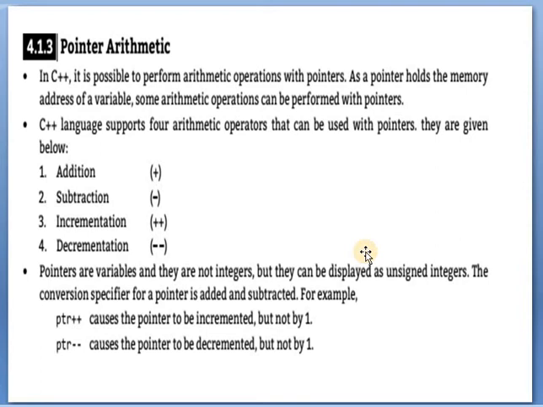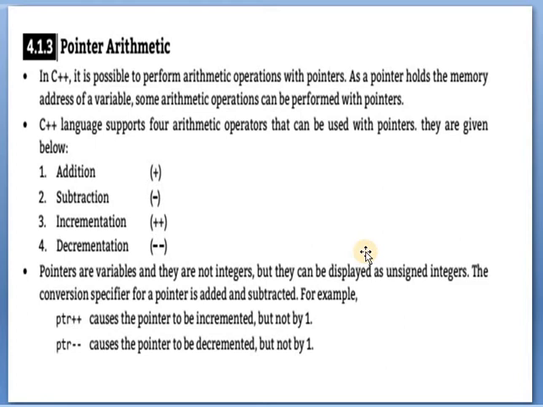So when we increment any pointer variable, it is not incremented by 1. It is incremented by the memory size which is required for that particular data type. Suppose this pointer is an integer type, and if we perform ptr++, then the memory address is incremented by 2 bytes.